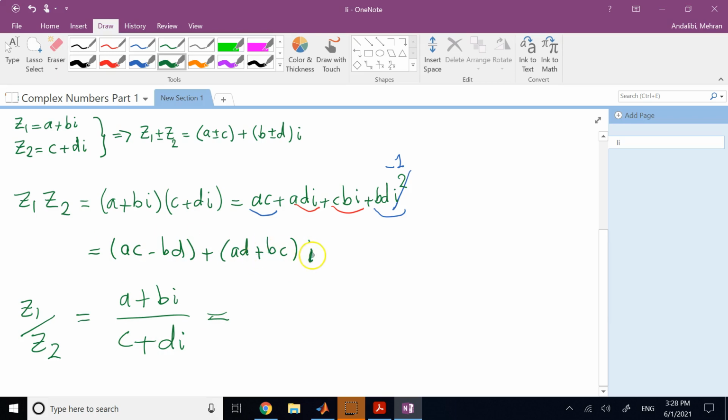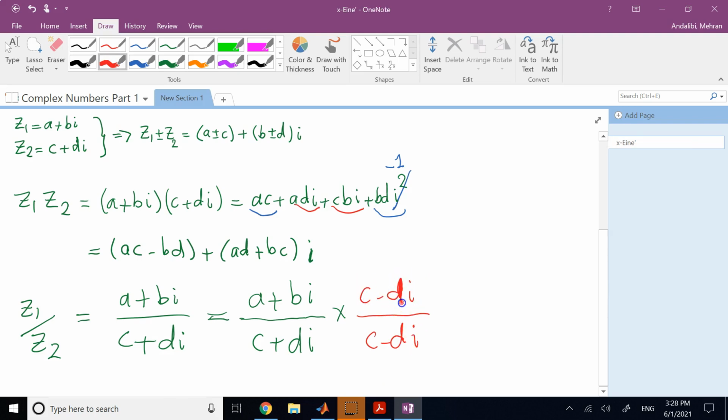But right now, it is not in that form. So what I will do, I will multiply both numerator and denominator by the complex conjugate of the denominator, which is c minus di. This is like I'm doing nothing, right? Because these two can be canceled.